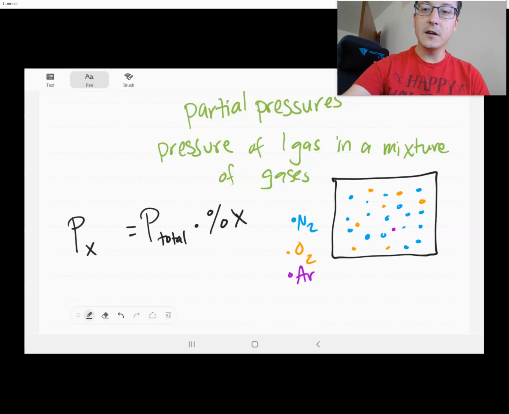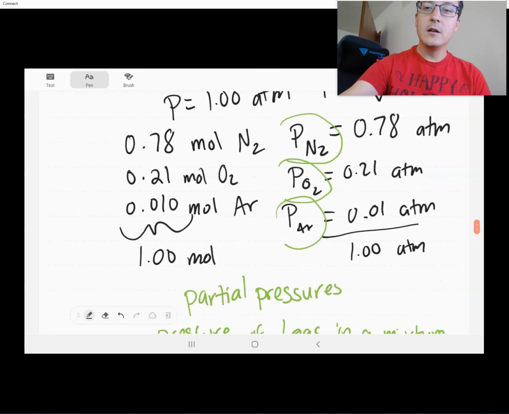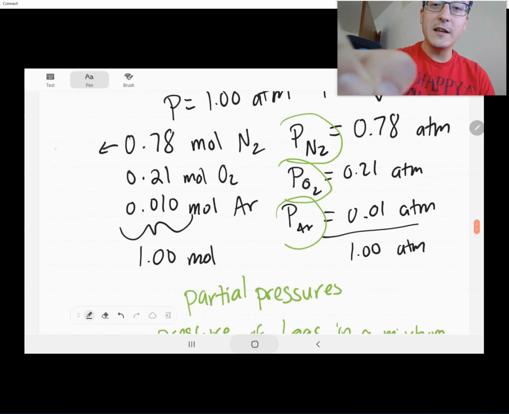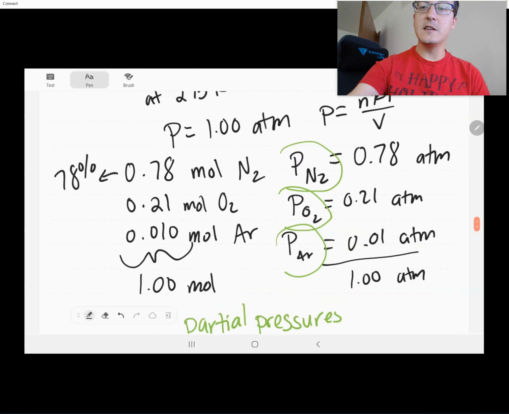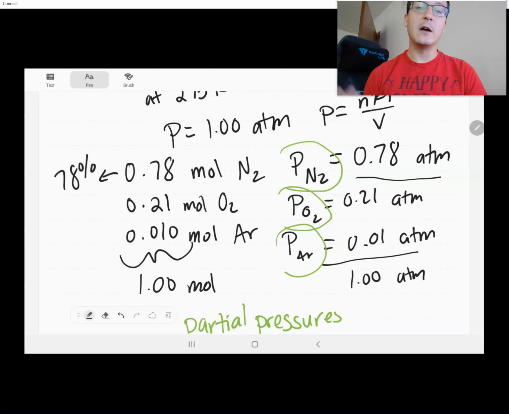So if we saw here, nitrogen was 78%, right? Which is 0.78. And so, since the total pressure was 1, all we had to do was multiply 0.78 times 1 to get the partial pressure of nitrogen. And we could do the same with the other ones.